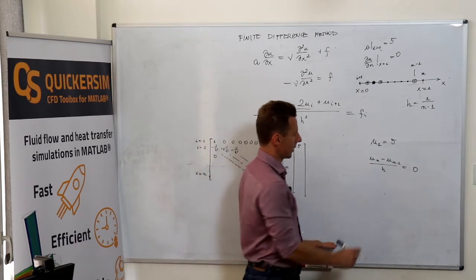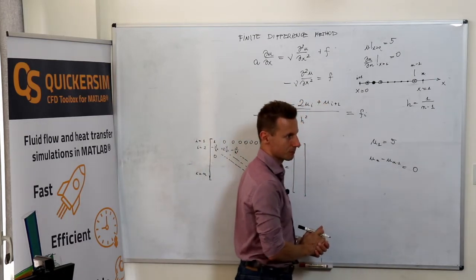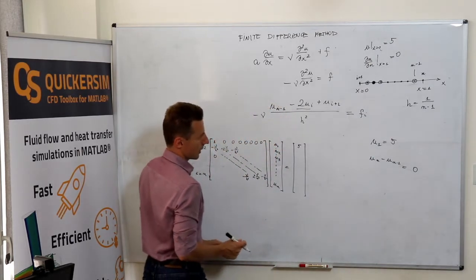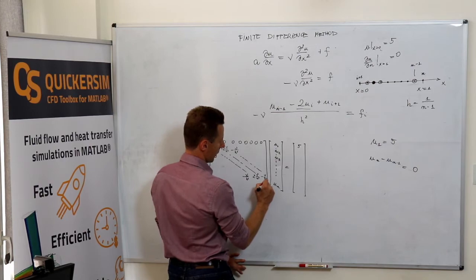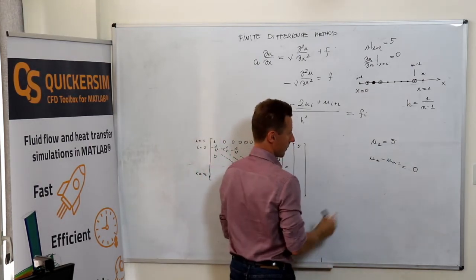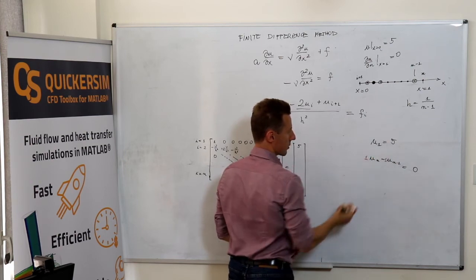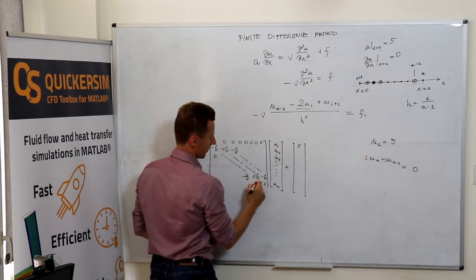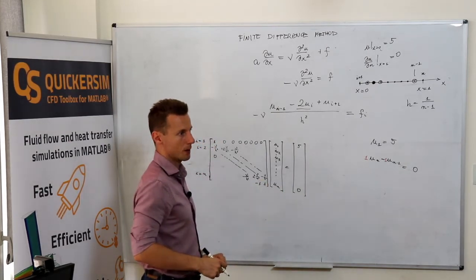Obviously, we can also write simply that. And this translates to having coefficient equal to 1 here, and here we've got minus 1, equals 0.